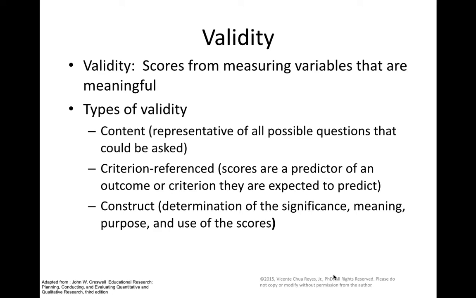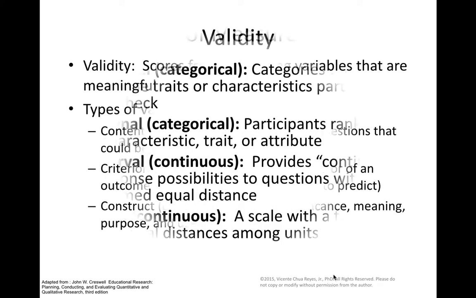It's not registering criterion referenced validity because the score should predict an outcome or criterion that you have identified as part of your expectation. There's also construct validity, which helps determine the significance, meaning, purpose, and use of the scores from using a particular measurement tool, a measurement instrument.